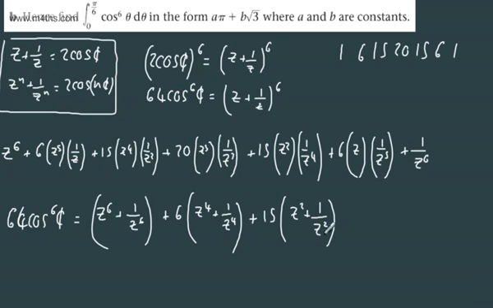And then our final term, z cubed multiplied by 1 over z cubed, multiplied by 20, simply gives us plus 20.